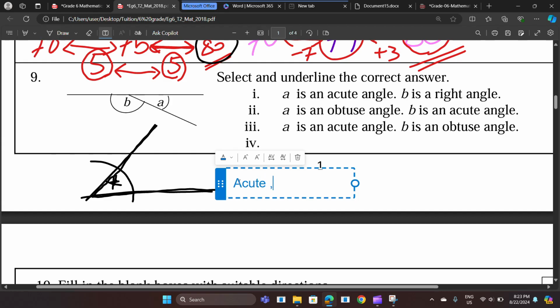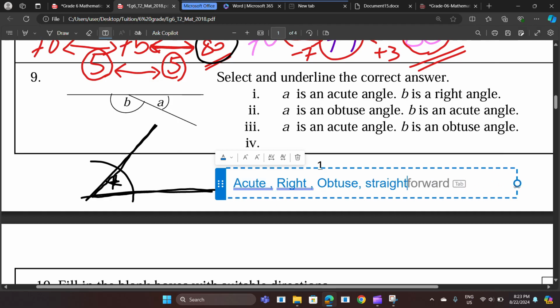First, acute, the small one, next right angle, next obtuse, next straight, and the last one is reflex. You have to keep in mind these 5 types of angles.